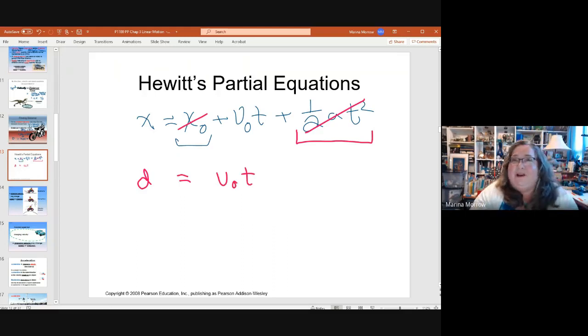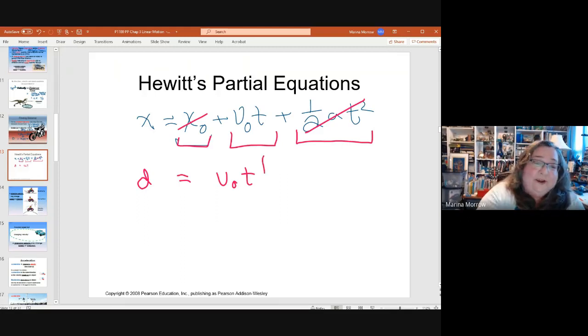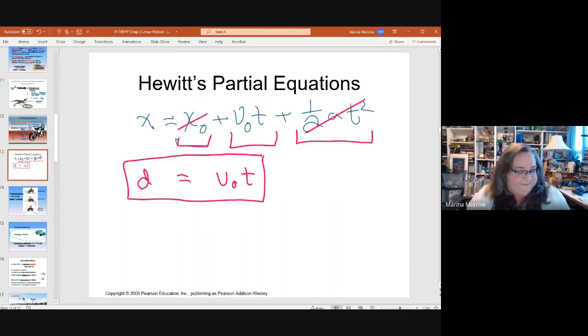But yes, when you look at one of those equations, you should be able to look at it and say, what is this saying? It's saying you're getting a little bit of distance from the original. You're getting some distance from the fact that it's moving at a constant speed, or it had an original speed. And then you're also getting distance from the acceleration. So when you go to a higher level class, look at your equations and break them down. But Hewitt has done that for you. And so we just have to use this shorter equation.